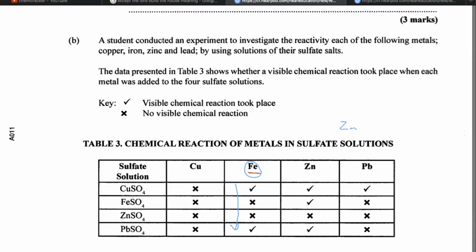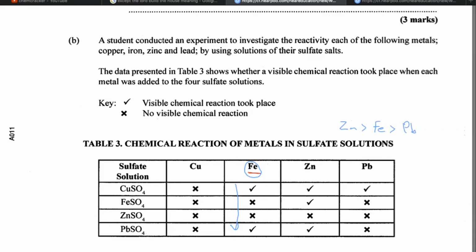It would have reacted with 3 of those solutions or displaced those metal ions from their solution. So zinc could be more reactive. The next one is iron. Fe had 2. So 3 wins for zinc, 2 wins for iron, and only 1 win for lead. And oh my, we did not look at copper, but copper had no win at all.